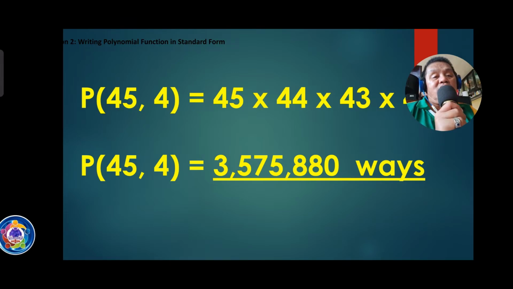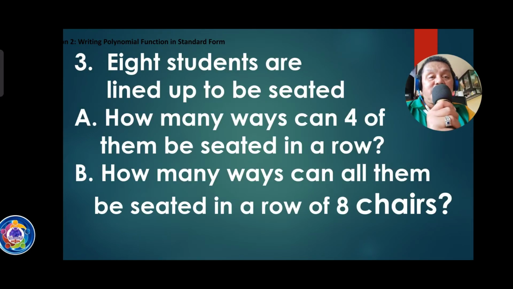So the permutation of 45 students taken 4 officers at a time is equal to 3,575,880 ways. Let's go to number 3.